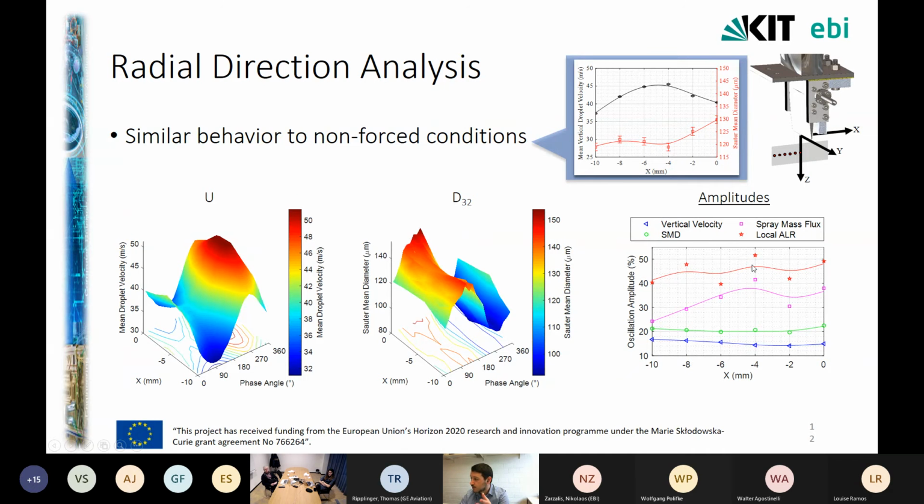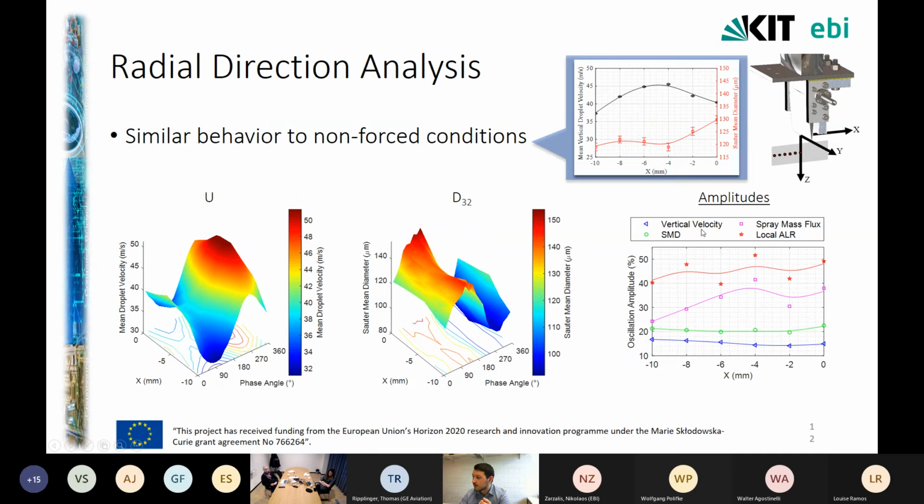And to finalize with this, we can see the calculation of the oscillation amplitude of all the main droplet characteristics. This amplitude is a percentage relative to the average value of each of those characteristics.